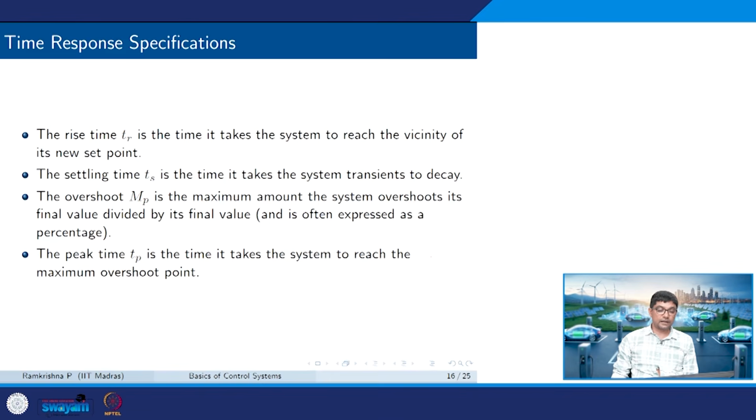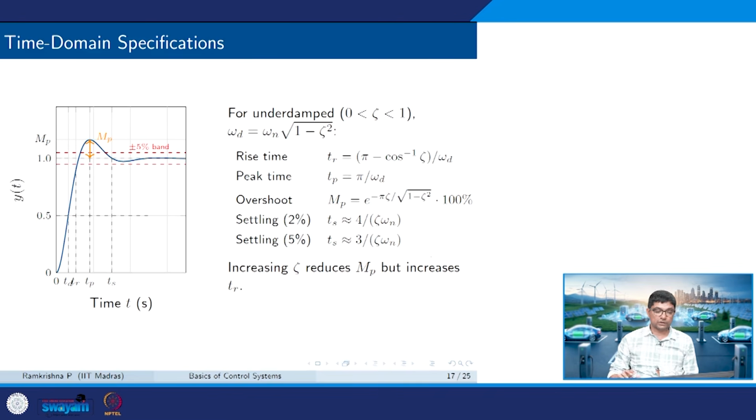So, we will quantify this as a few things now: the rise time, the settling time, the overshoot, and so on. A typical response is of this form. The rise time is the time where I reach 90% of the steady state value.